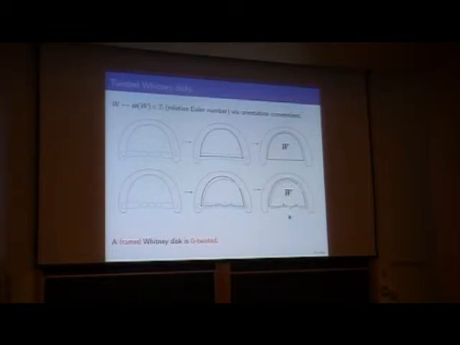That's telling you that this is a 2-twisted Whitney disk. So the idea of a framed Whitney disk where you can do a successful Whitney move corresponds to 0 twisted.